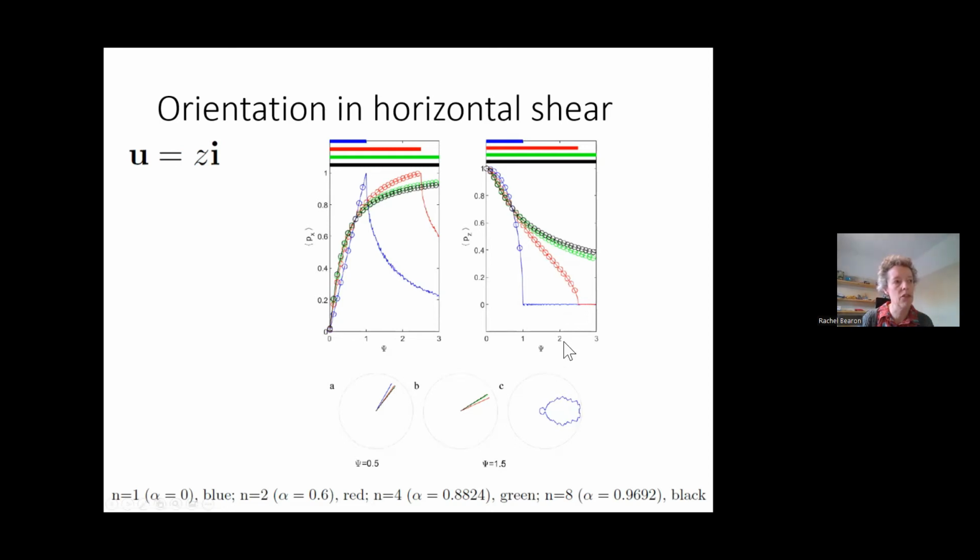So if we look at psi as 2, for example, we see that the blue cells, the spheres, are tumbling away, there's no equilibria, and the mean upswimming is 0. As we increase our chain length from red to green to black, we see an enhancement in the vertical swimming. I think the bottom plots are not so important to discuss for now.